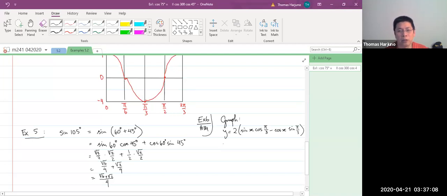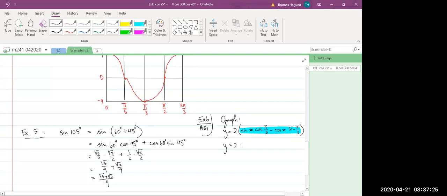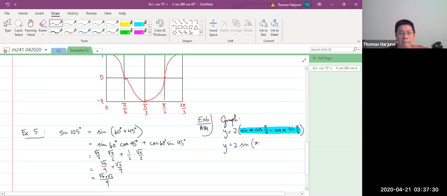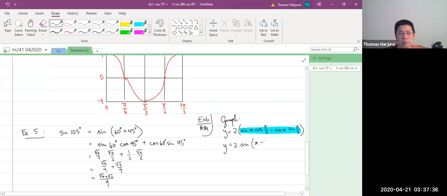Now, this is equal to y equals 2 times what? If you combine this, it gives us which formula? Sine x minus pi over 3. Minus pi over 3, that's right.